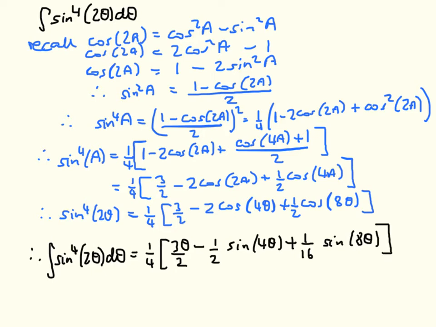And it's good practice just to differentiate these results in your head to make sure that yes, we do get back to our starting line and that we have calculated the integral correctly.